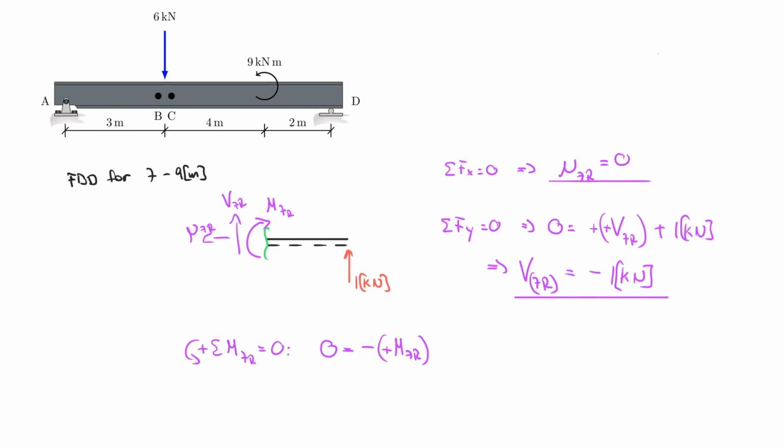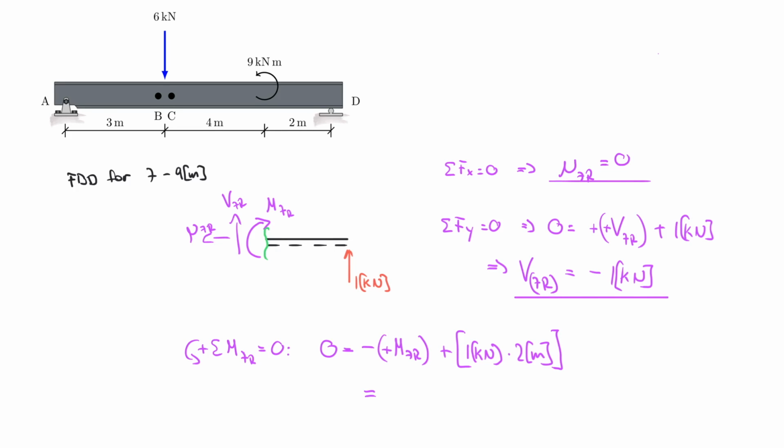And then I have to pay attention here. So this now, the 1 turns about this point counterclockwise with a lever arm of 2. So I'm using 1 kilonewton multiplied by 2 meters. And it's rotating counterclockwise. Therefore, this entire thing here is positive.